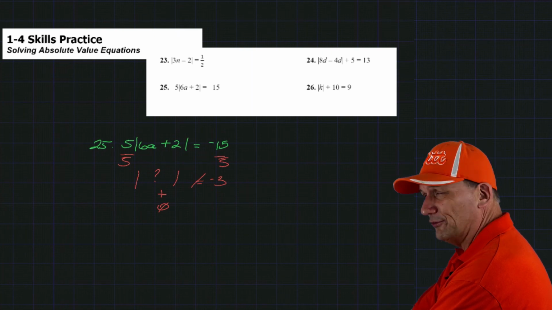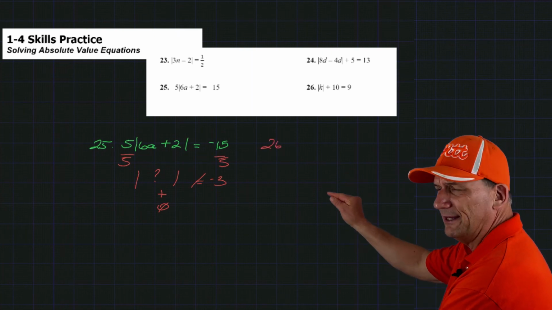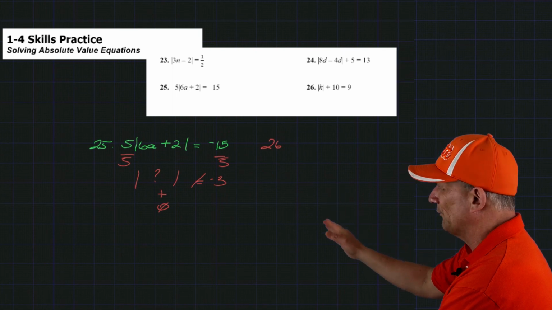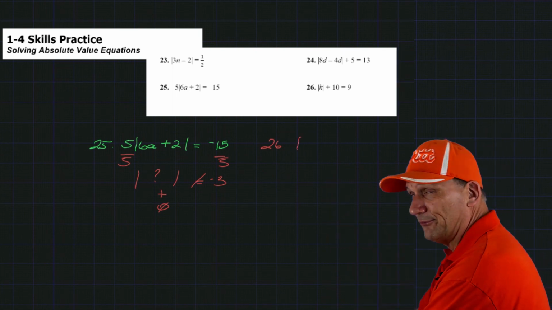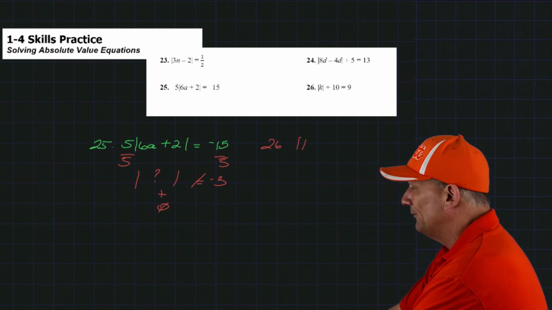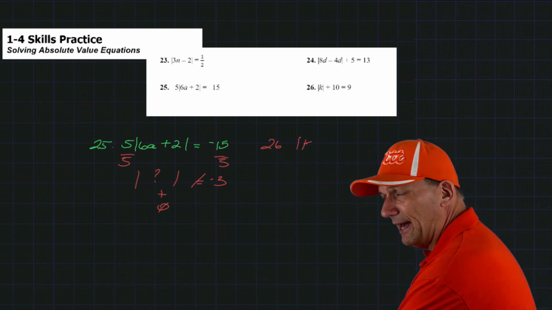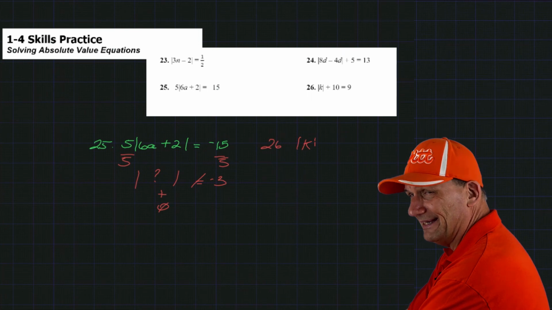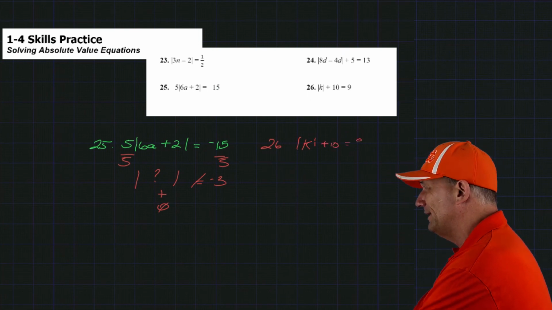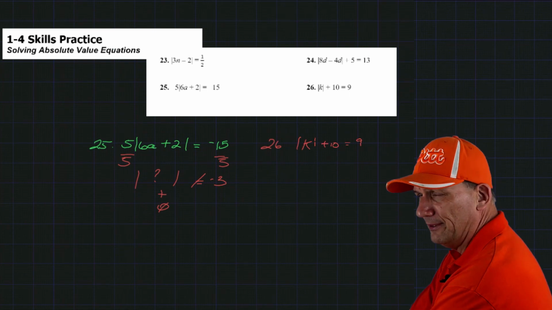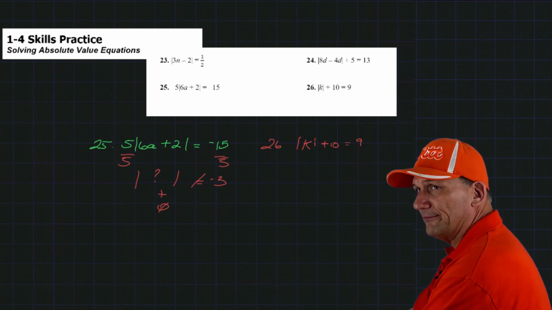So this is no solution. But if you had just said that right at the -15, that would have been wrong, because what if you'd been dividing by -5? That would have made it +3, and we can solve that. So you have to wait till you get the absolute value brackets isolated before you can make that decision. In this case, after we did divide by 5, it was still negative. And so, yes, no solution.